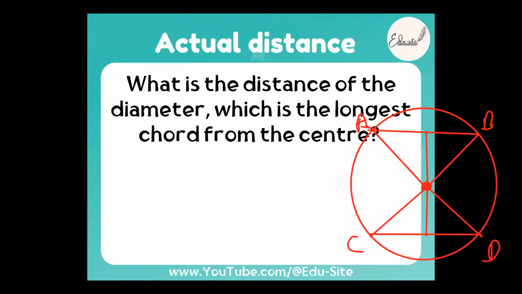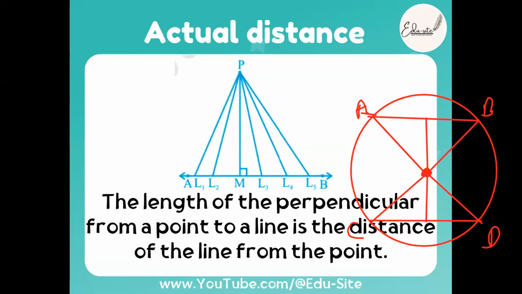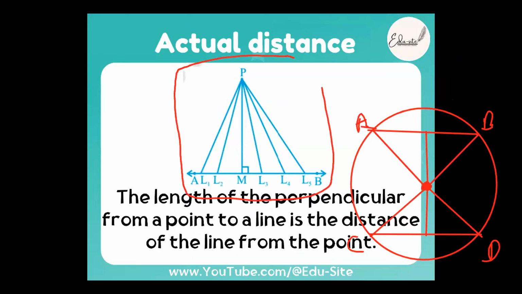Did I not tell you that if you draw a perpendicular, then this is called the distance, right? I showed you with an example. And this figure is used to calculate the length of AB from the point P.